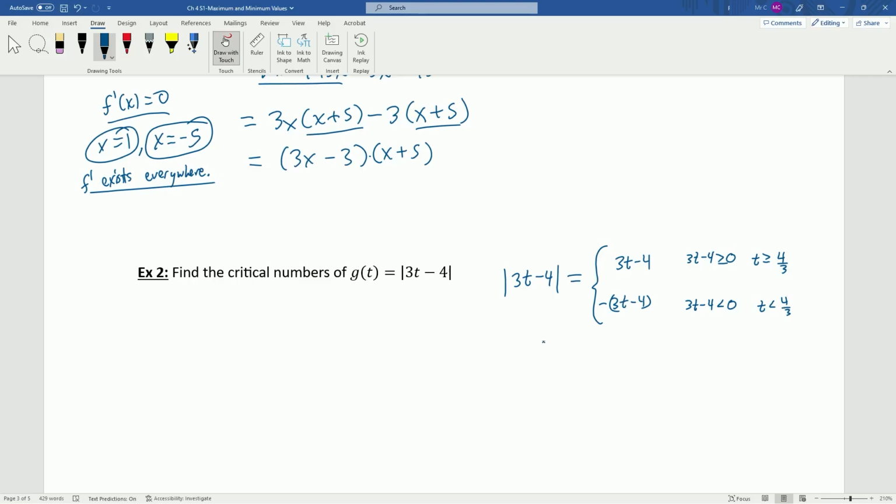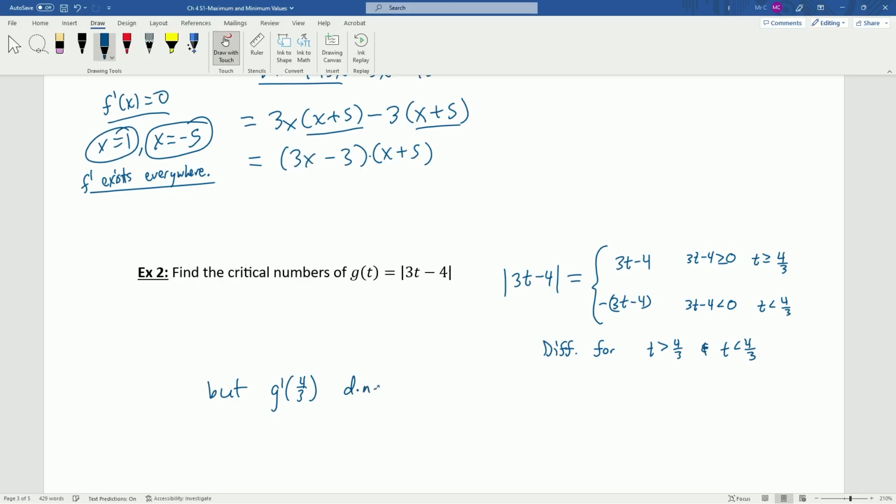So this is clearly differentiable for t greater than 4/3 and t less than 4/3 because those are just polynomial functions. But g prime of 4/3 does not exist.